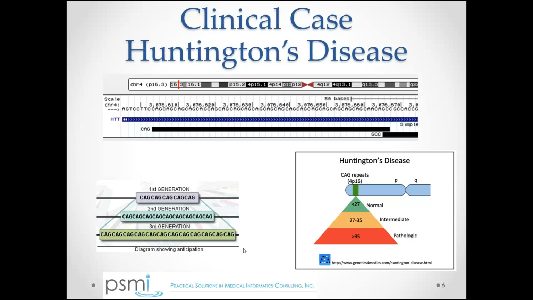So we have a man, he's 45 years old. Our patient happened to have 43 repeats, and so he begins having symptoms of Huntington's disease. But of course, this is long after he's had his children, and that's one of the challenges with Huntington's disease, is that the disease lies quiescent until long after the reproductive years.